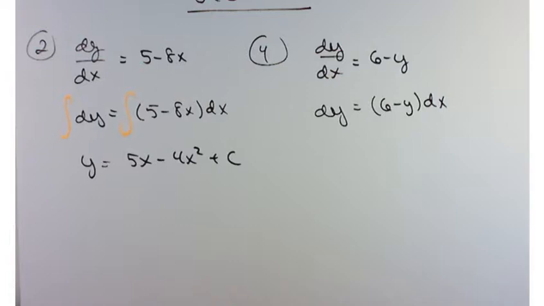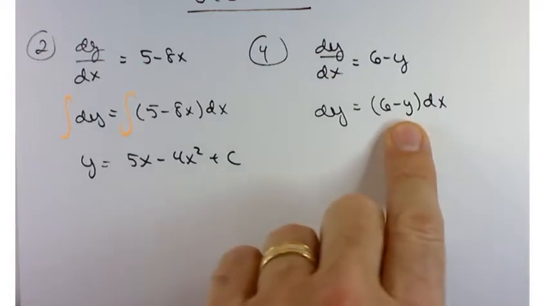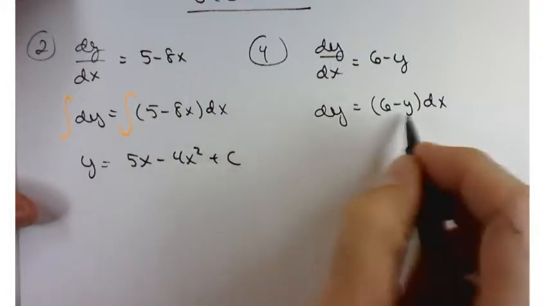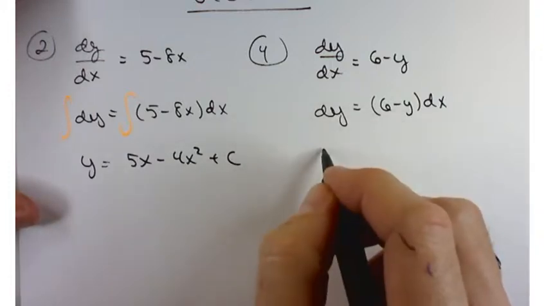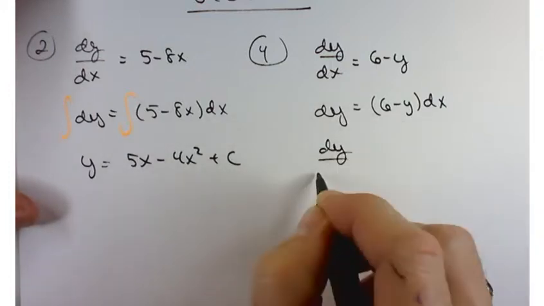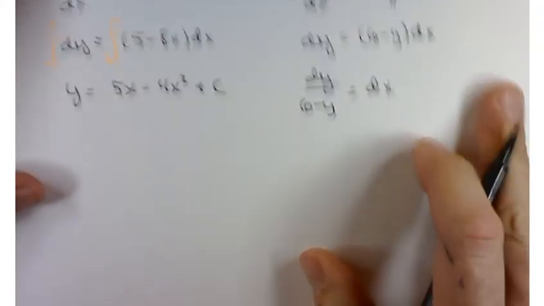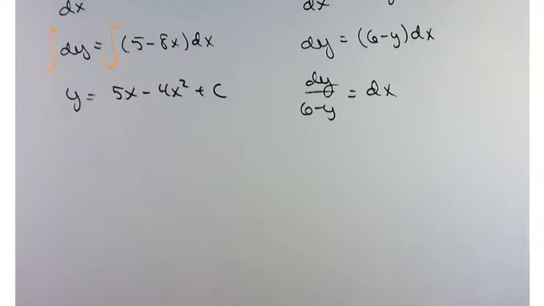And then what? Well, I don't have the y's and the x's on their own side yet. So I'll divide both sides by this 6 minus y term. dy over 6 minus y equals dx. Well, at least now I've got things separated here. So let's see what we can do.